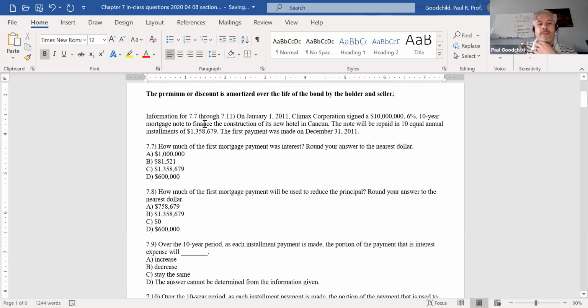Okay, so we're looking at this series of questions, and the information is given. Signed a $10,000,000 6% 10-year mortgage note to finance construction of its new hotel.